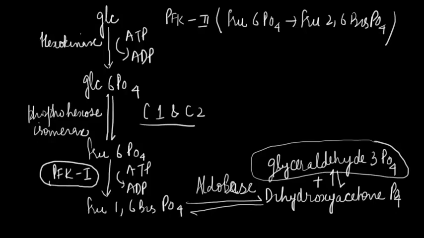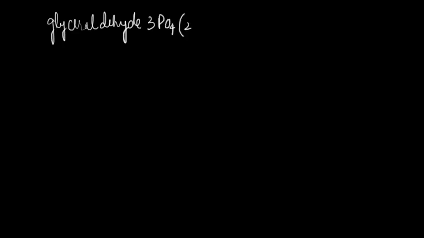So this was the preparatory phase of glycolysis, and here we found that 2 molecules of ATP are consumed, resulting in the formation of 3 carbon compounds, that is glyceraldehyde 3-phosphate and dihydroxyacetone phosphate. In the payoff phase, which starts with glyceraldehyde 3-phosphate, here we shall now be considering 2 molecules of glyceraldehyde 3-phosphate.